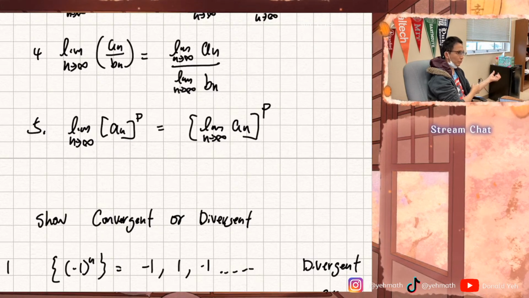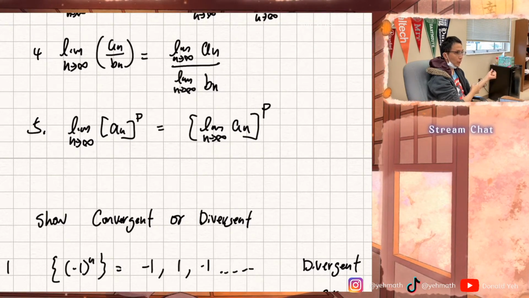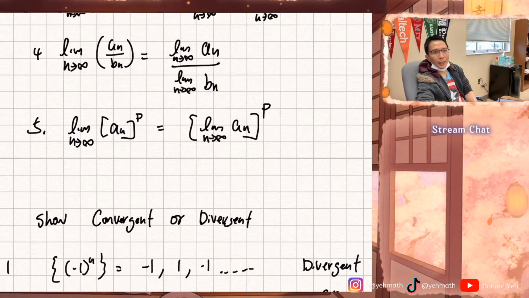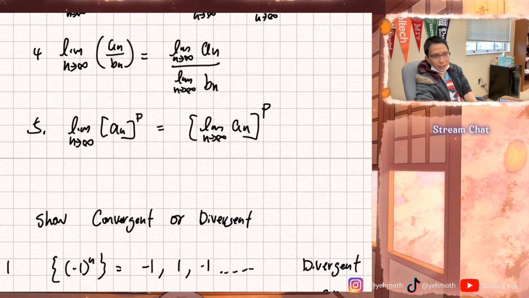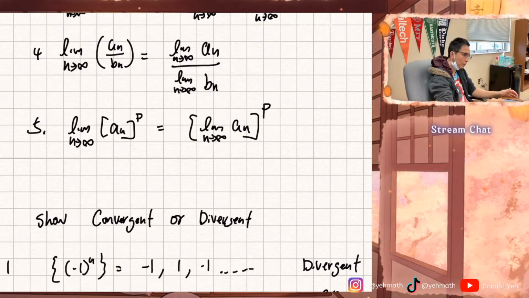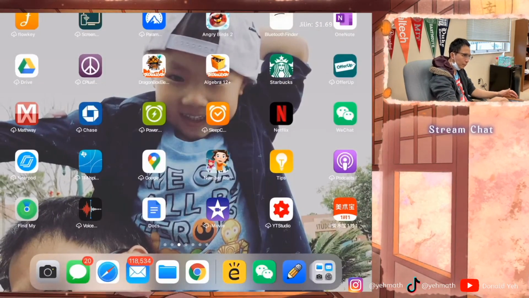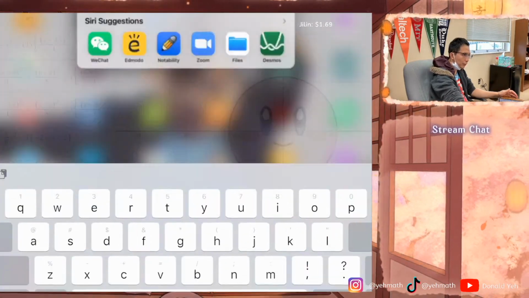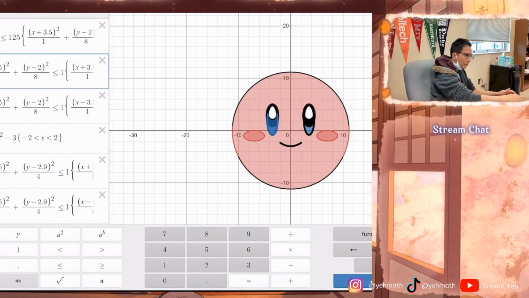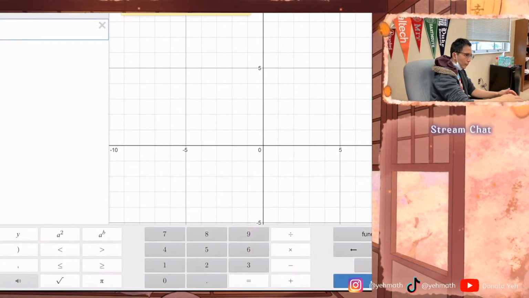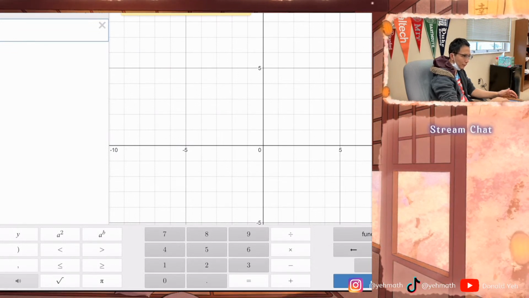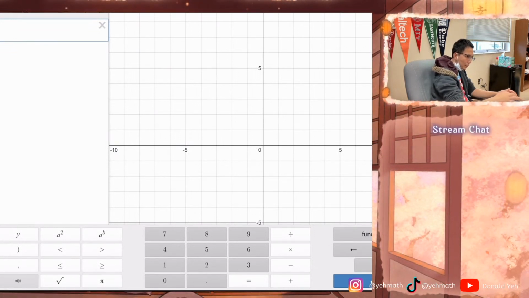Can you show us what that looks like on Desmos? Just -1 to the x. I think it's just a bunch of dots between -1 and +1. Wouldn't it be a curve? What's -1 to the 1?